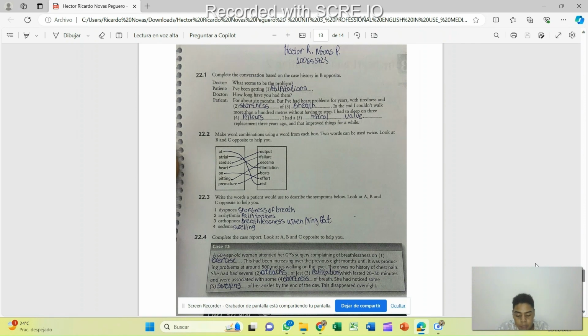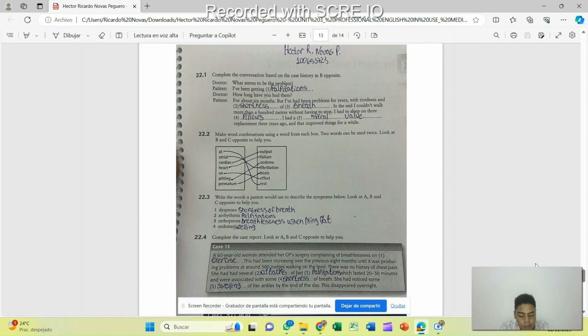This had been increasing over the previous 8 months until it was producing problems at around 100 meters walking on the level. There was no history of chest pain.